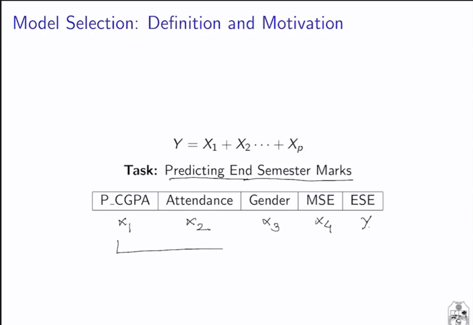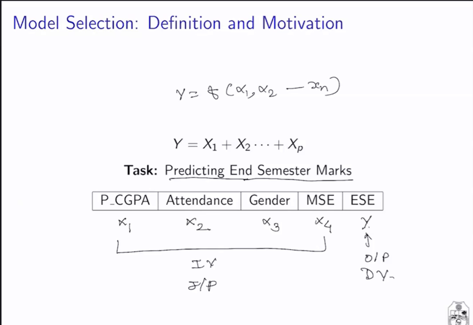So these four variables are independent variables or input variables, and this is the output variable or dependent variable. In the case of linear regression, we typically develop a model f whose purpose is to predict the value of y, that is the output variable, from the given n input variables.